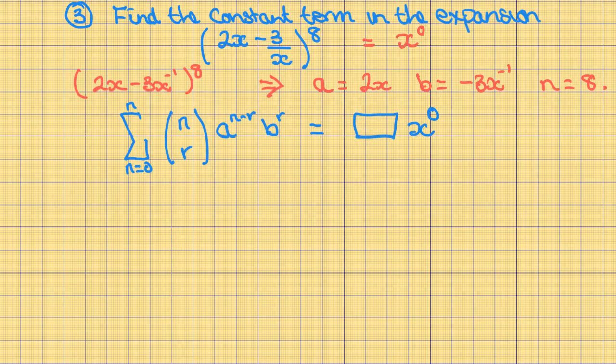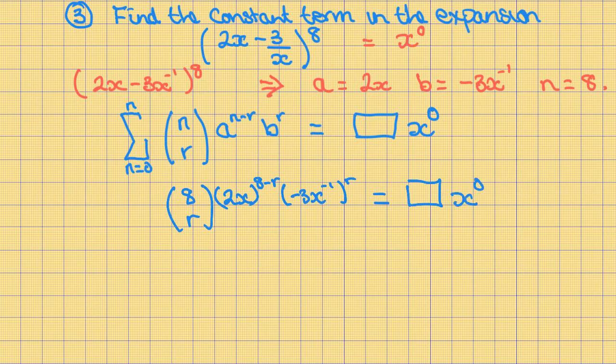The thing we've got to do is find r. So we've got 8 choose r. A is 2x, so we've got (2x) to the power of 8 minus r. B is minus 3x to the power of minus 1, to the power of r, and that must equal some constant x to the power of 0.